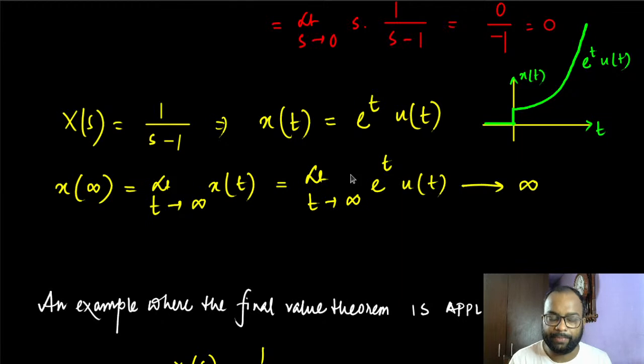Our purpose is defeated, because what is the utility of the initial value theorem or the final value theorem? Their utility is mainly to calculate the initial value or the final value of the inverse Laplace transform without calculating the inverse Laplace transform. But to apply the final value theorem, you need to know whether the inverse Laplace transform converges to a certain final value.